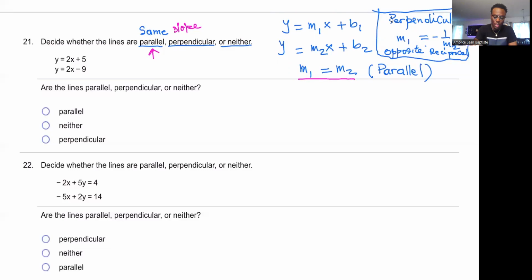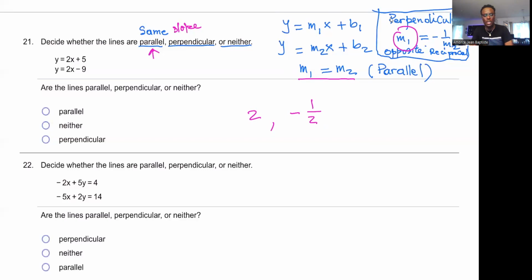And if one is a value, say 2, and the other one is negative 1/2, so if the opposite reciprocal of the first one is the other, you say that these two lines are perpendicular. Perpendicular when the slopes are one opposite reciprocal of the other.